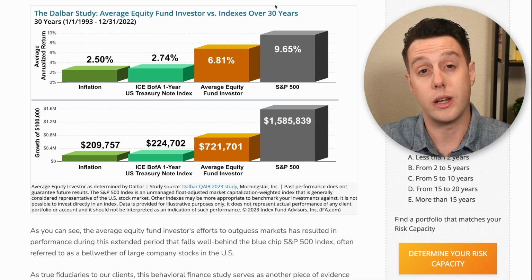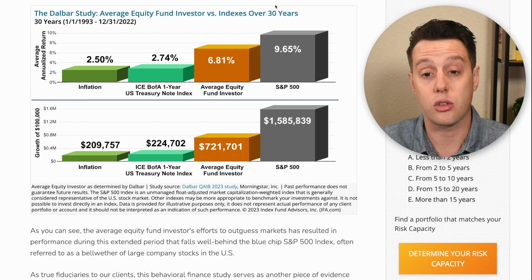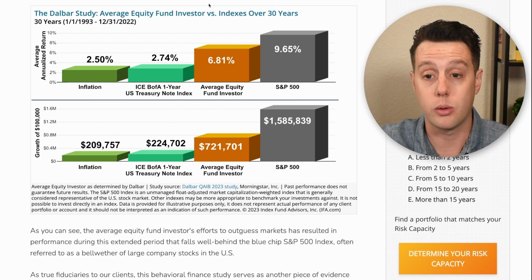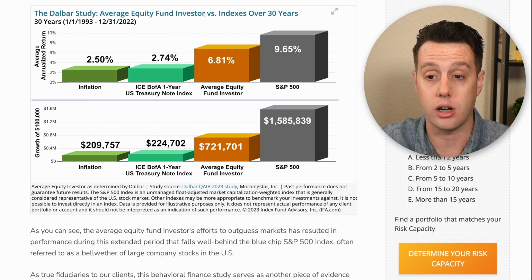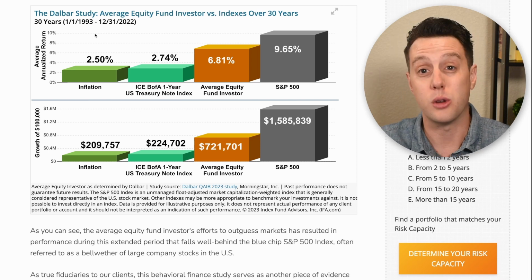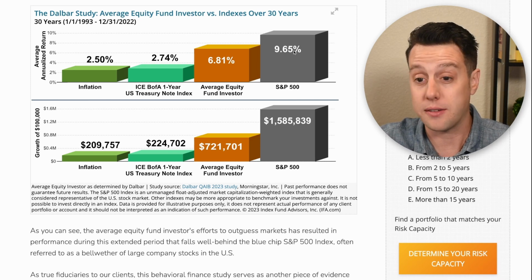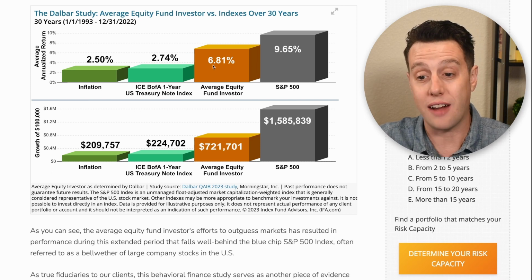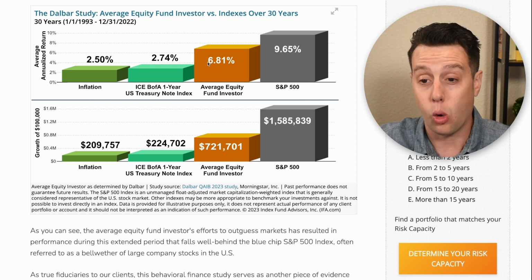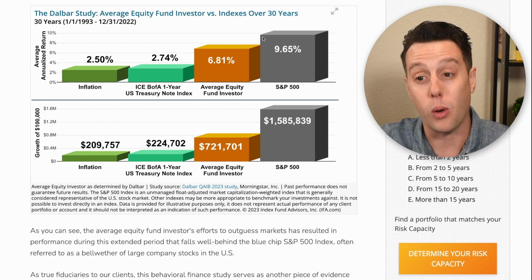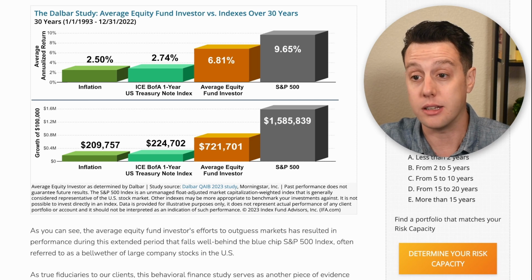Another risk I think we need to look at is this historical study from Dalbar showing the average equity fund investor versus indexes over 30 years from 1993 through 2022. The index returned 9.65% annually, while the average equity investor only gained 6.81% annually. That's a big difference.